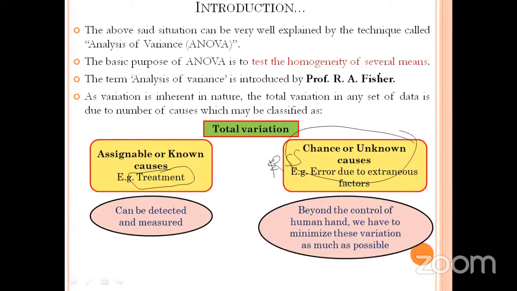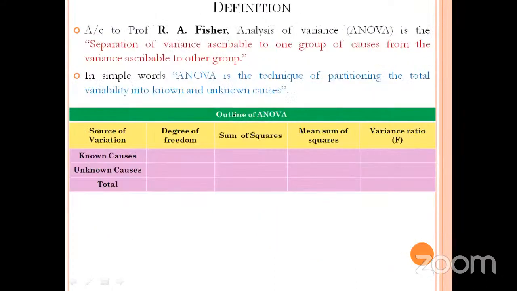And remember this point, R.A. Fisher gave this ANOVA. And we are using the word several means because we are referring to more than two. So this is the outline of ANOVA: degrees of freedom, sum of squares, mean sum of square, F ratio. Here you see, known causes means between, unknown causes means within.